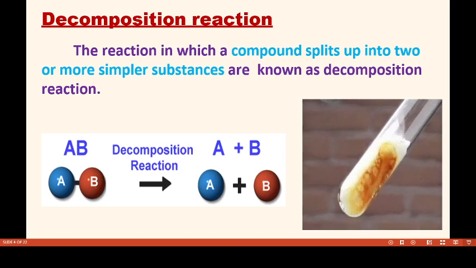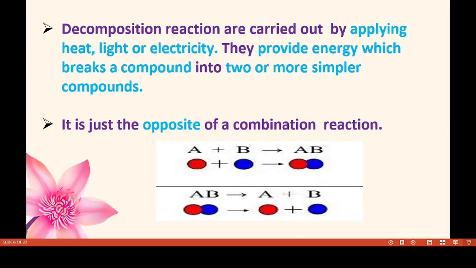The decomposition reaction generally takes place when energy in some form, such as heat, electricity or light, is applied to the reactants. See students, decomposition reactions are carried out by applying heat, light or electricity.